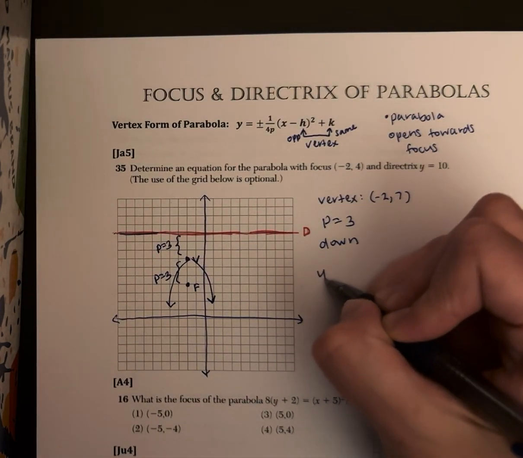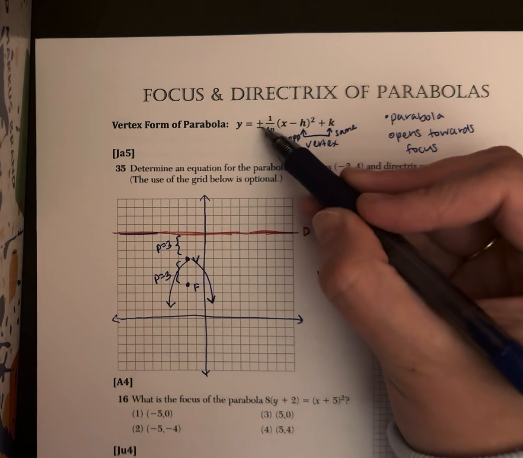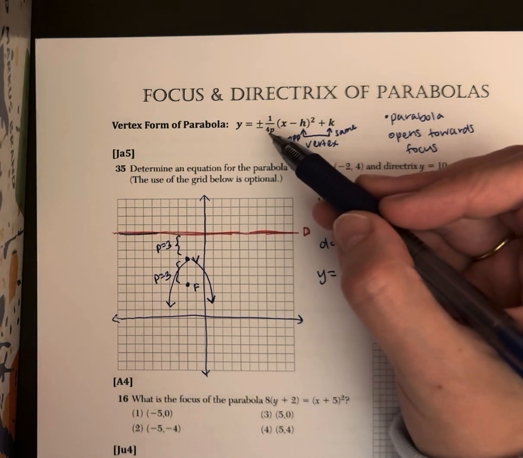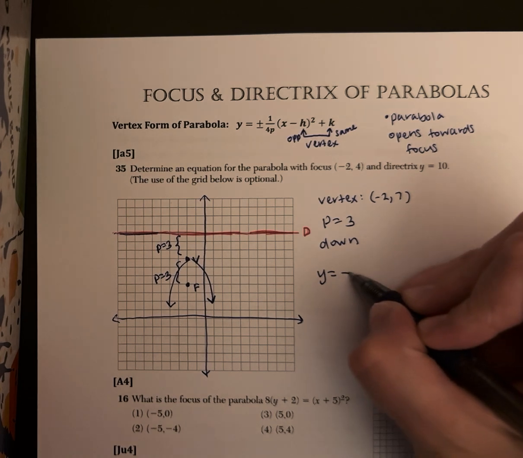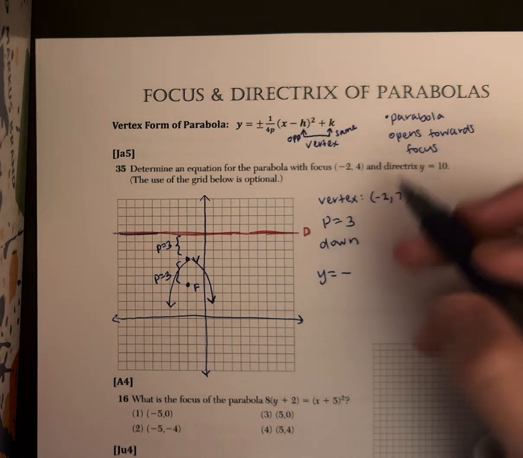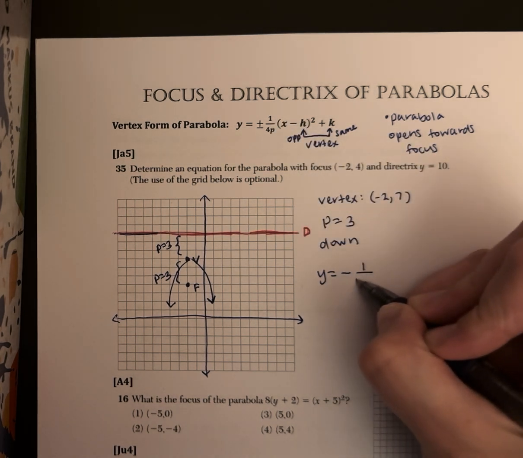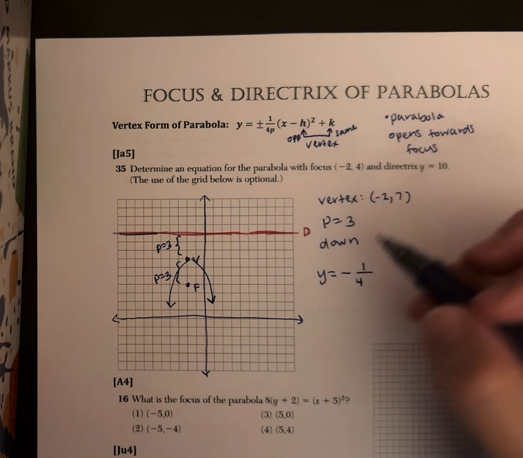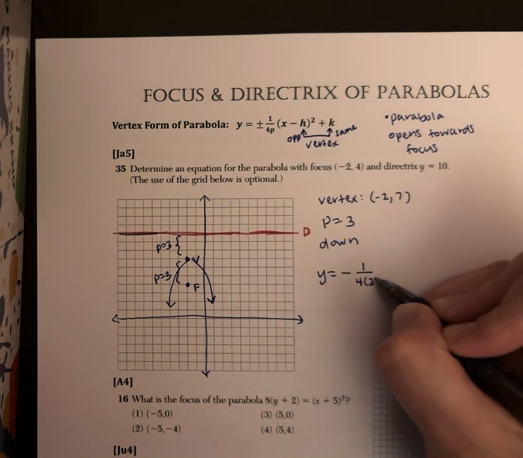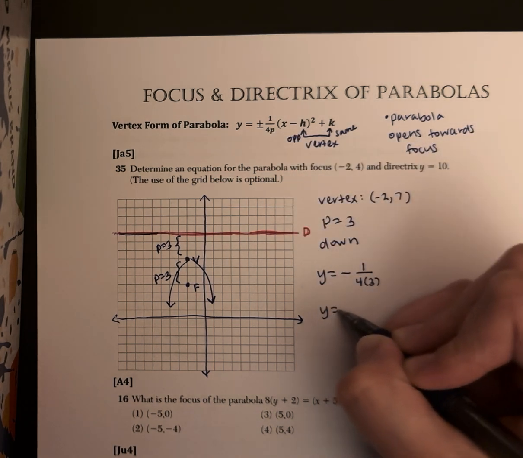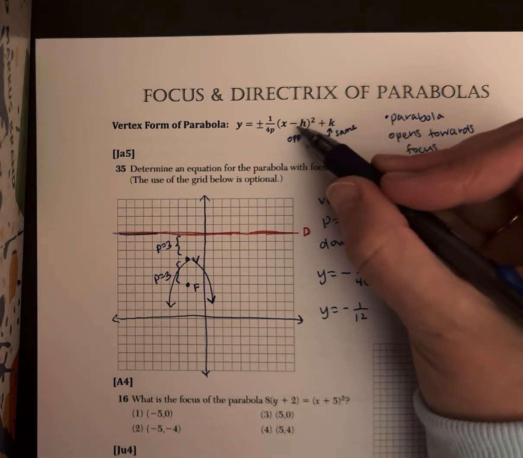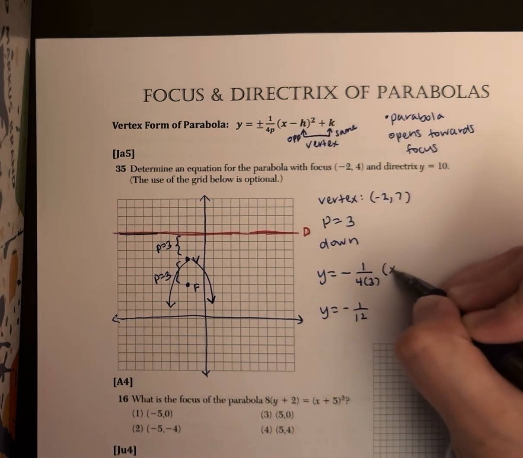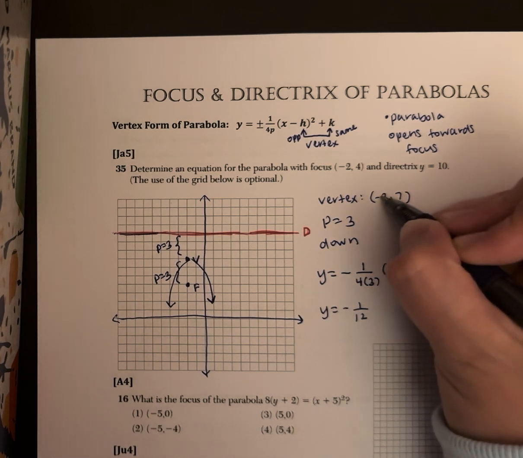So we're going to write y equals. The plus or minus is talking about opening up or down. Since this one is opening down, we're going to put a negative. 1 over 4p, 1 over 4 times 3, which is 12, -1 over 12, and then x minus h, so I'm doing x minus -2.